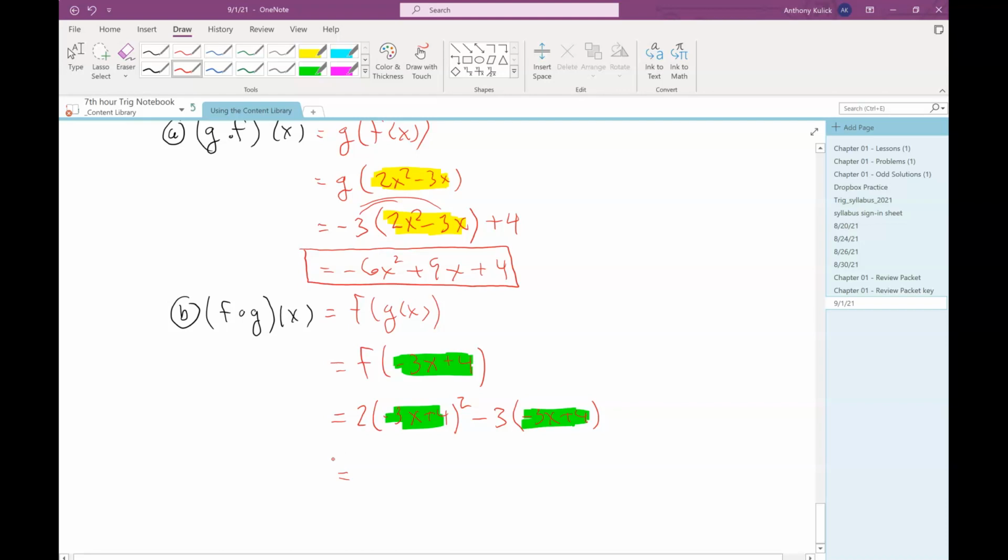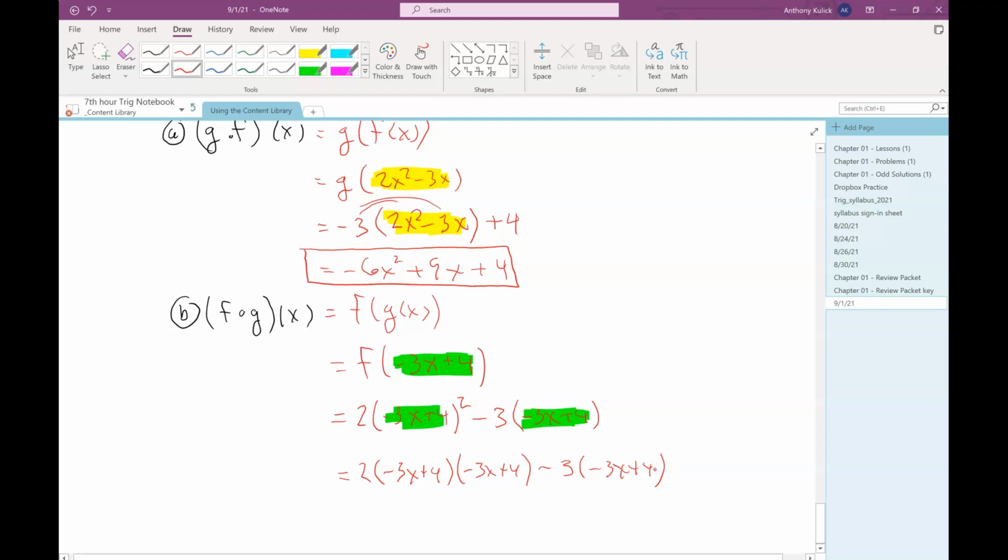Do you attribute the 2 to both numbers? Definitely not. What does something squared mean? If I have 2 squared, what do I get? 4. How did you get 4? 2 times 2, right? So negative 3x plus 4 squared is negative 3x plus 4 times negative 3x plus 4, right?